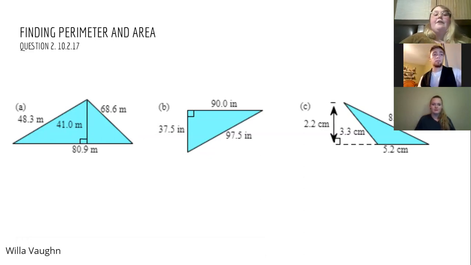And that's how you find the perimeter and area for figure A. Very nice. Very well explained. Thank you. I was kind of wondering about that 41 meters for a sec. Yeah, you don't use that in your perimeter, you use it in your area formula because it's inside the shape.